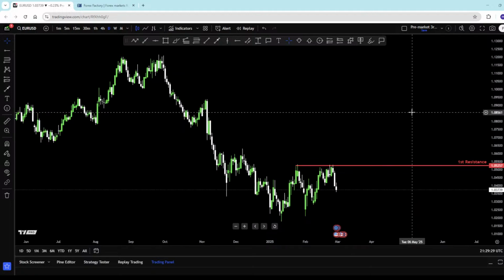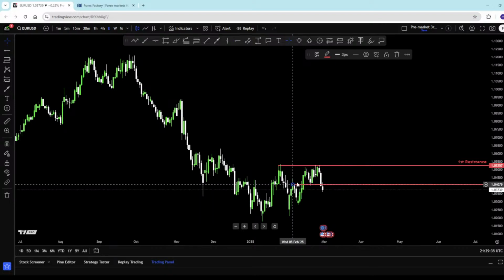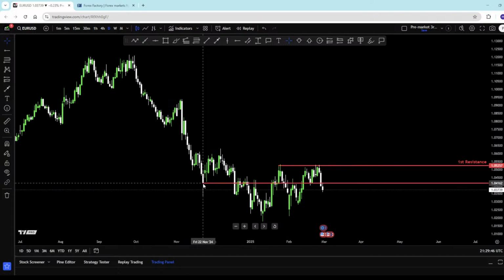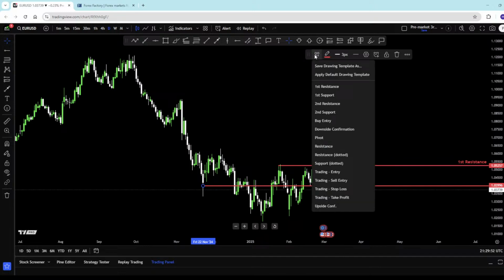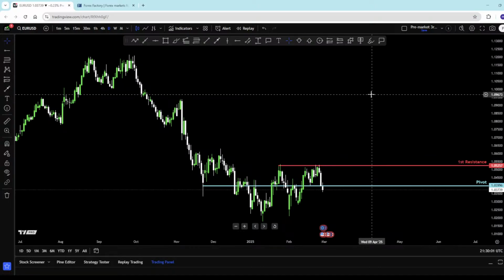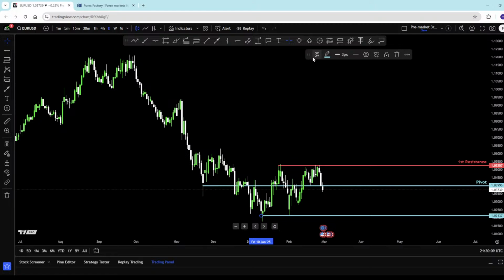So next I'll place my pivot over here. Okay, so it's at an overlap level, and what that means is that it's basically in line with a couple of swing lows and swing highs. Okay, next I'll place my first support maybe way below here.